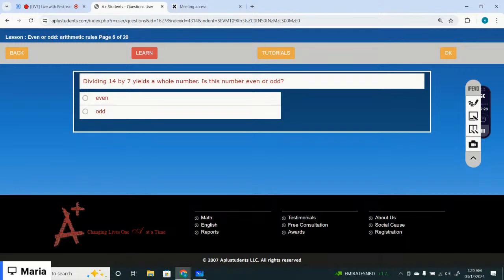Dividing 14 by 7 yields a whole number. Is that even or odd? Which is the correct option?